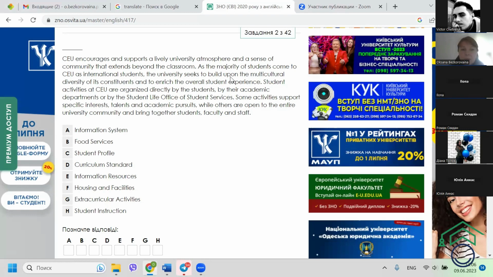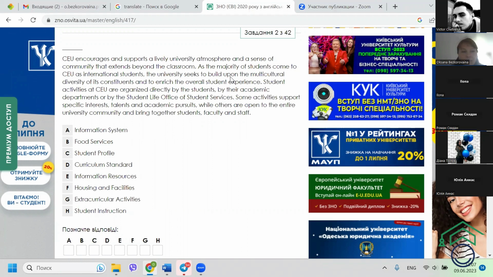Student activities at CEU are organized directly by the students, by their academic departments, or by the student life office of student services.